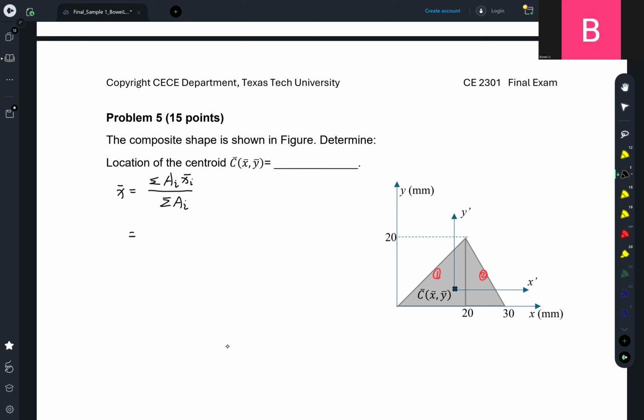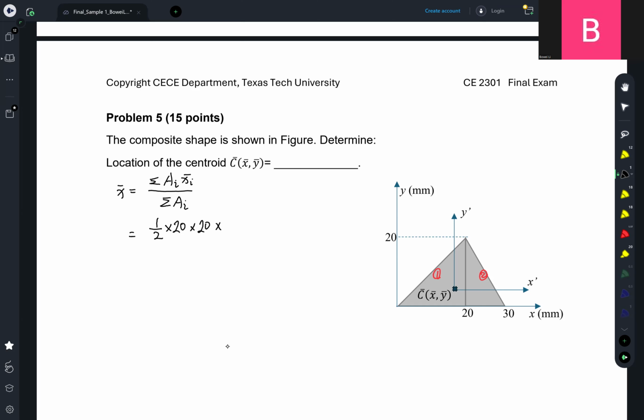The area of the first triangle equals a half of the base, which is 20, times the height, which is again 20, and then times the location of the centroid of this big triangle.